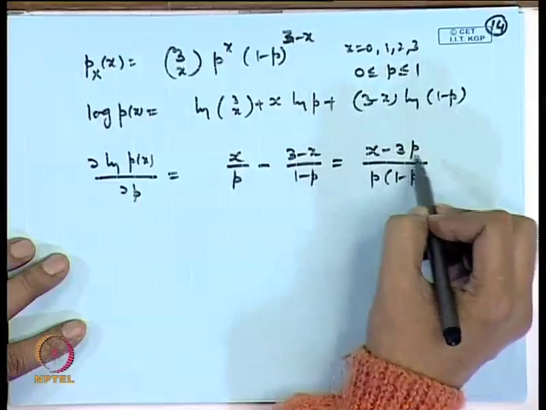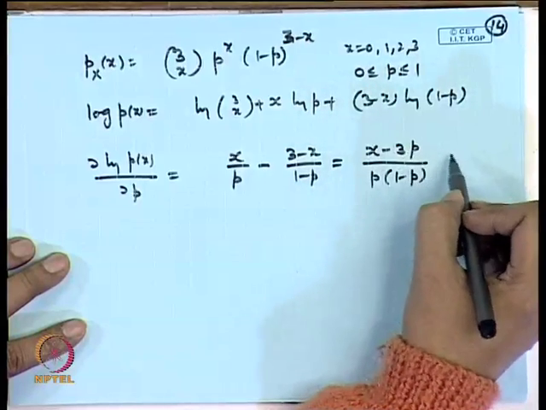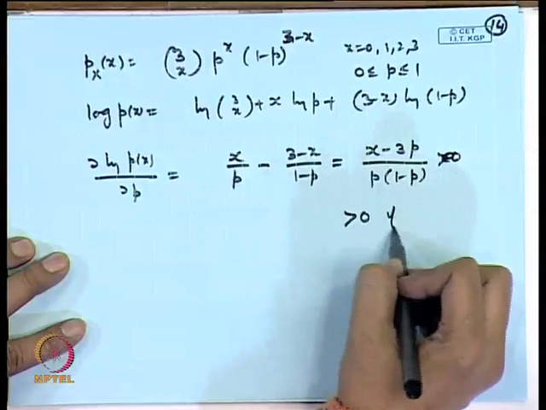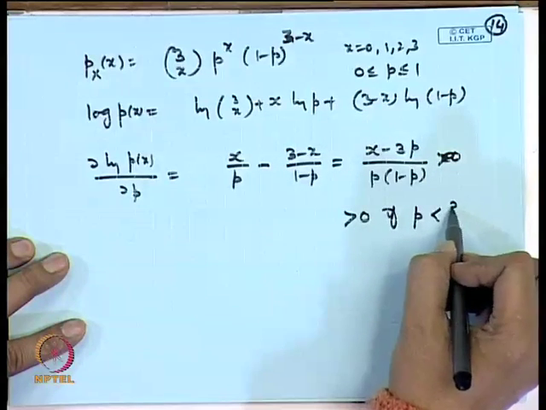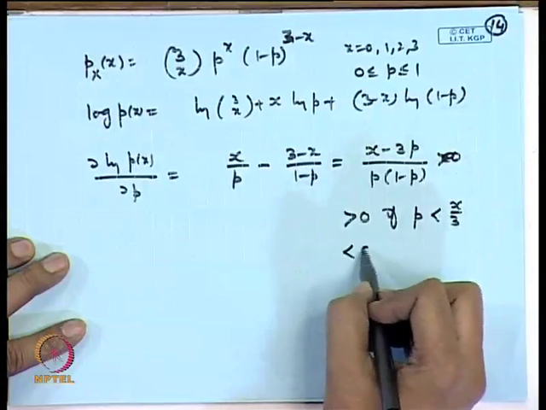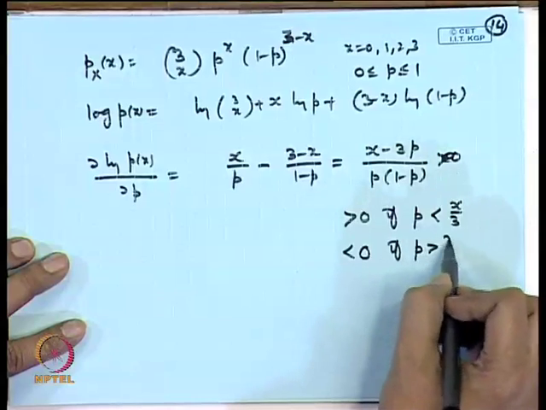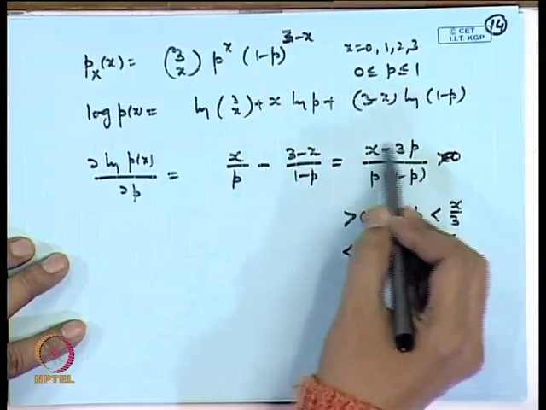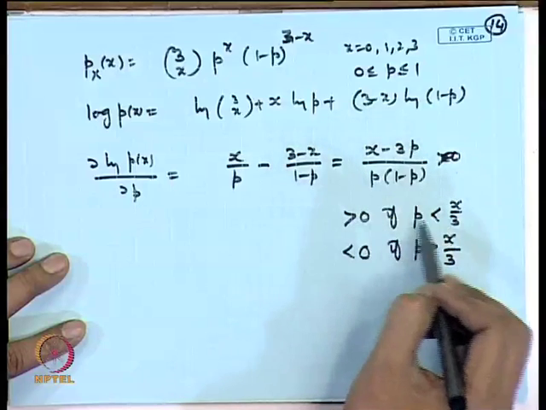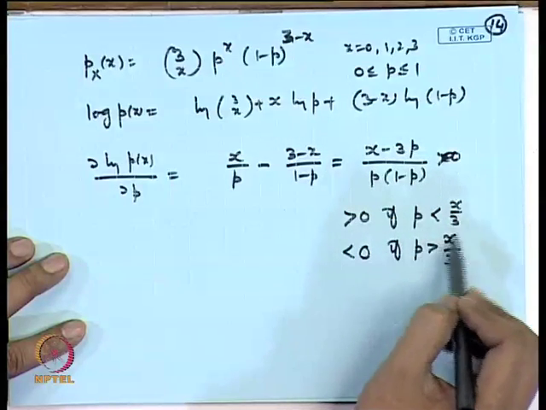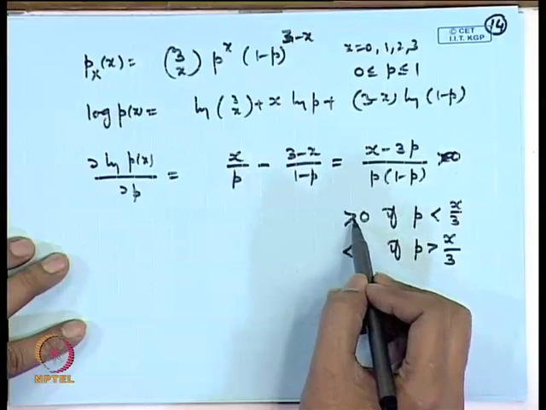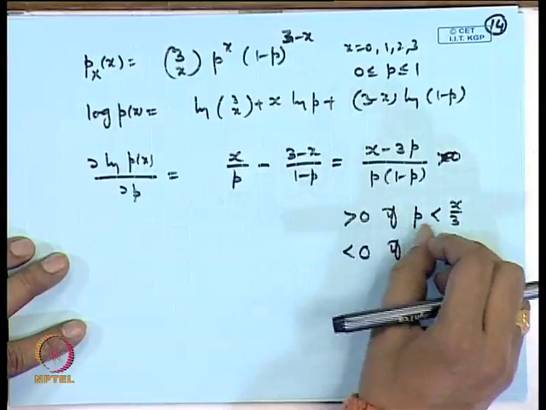Now, you look at this: this function is positive if p is less than x by 3, and negative if p is greater than x by 3. So, if we look at this derivative with respect to p as a function of p, I have the behavior as positive or negative in certain regions.